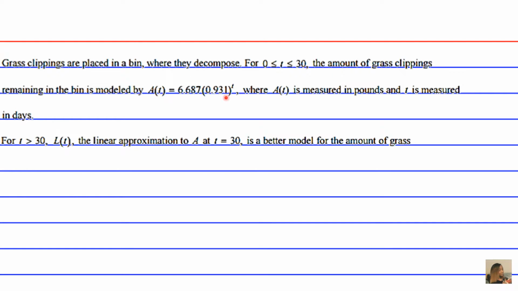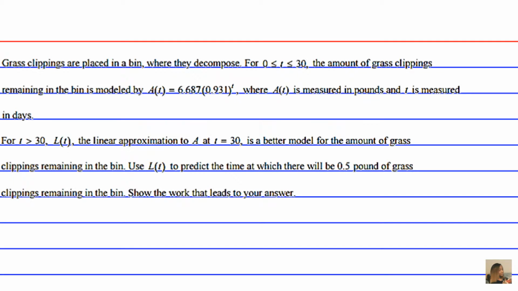For t greater than 30, that is more than 30 days, over a month's duration, L of t, the linear approximation to A at t equals 30, is a better model for the amount of grass clippings remaining in the bin. Use L of t to predict the time at which there will be 0.5 pounds of grass clippings remaining in the bin, and show your work that leads to this answer.